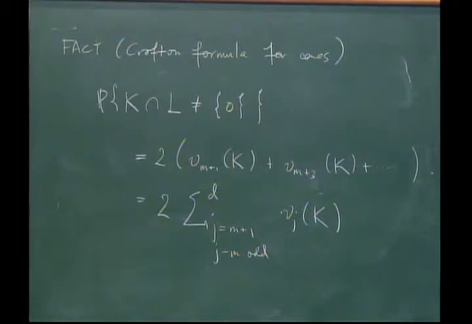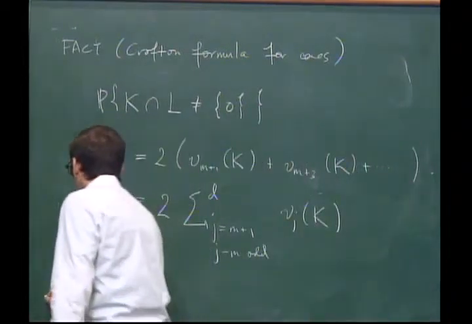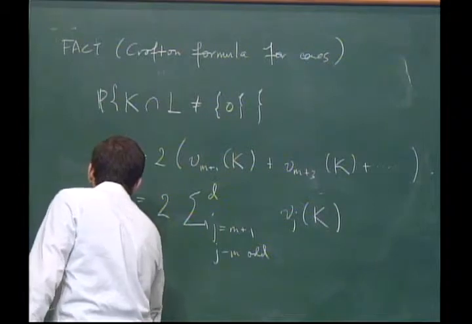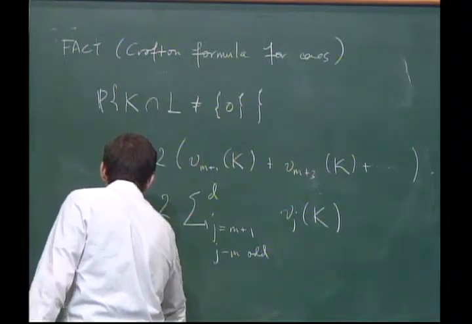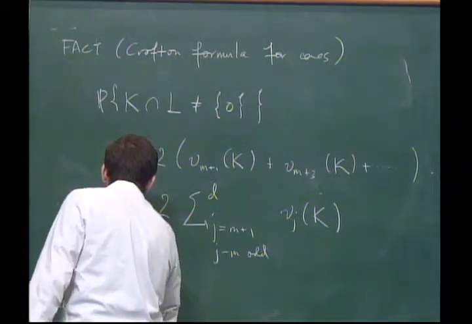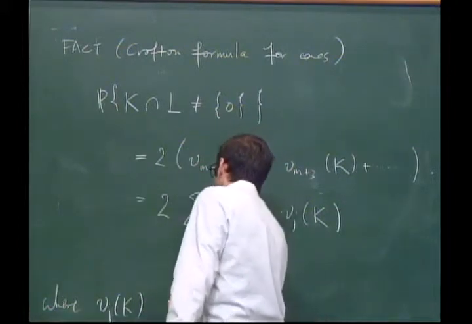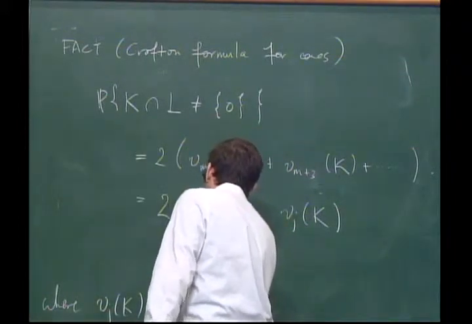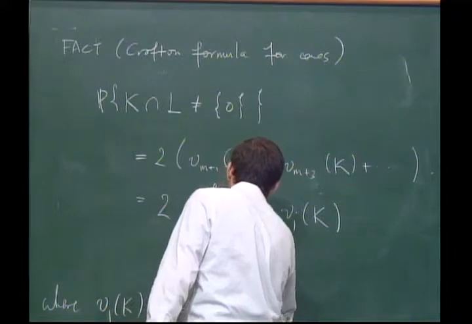So the claim here is that if you want to know the answer to this question, there are numbers Vj, where j ranges from 0 up to d.